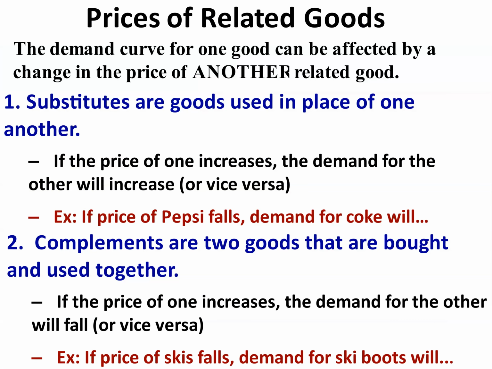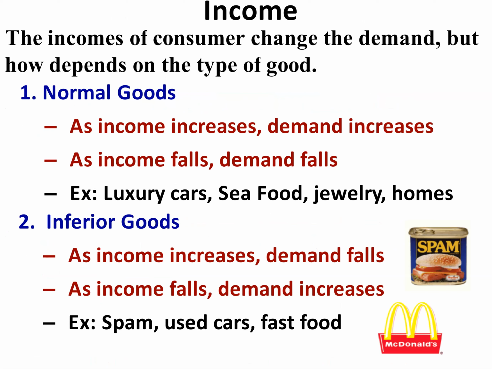So breaking down the idea of MERIT, then we've got substitutes that we can use in place of others. We've got complements that can be bought and used together in terms of prices of related goods that we see here. And again, income. If I've got a normal good, as income goes up, my demand increases for that good. As my income drops, my demand will fall for that good, and then I'll shift to inferior goods.